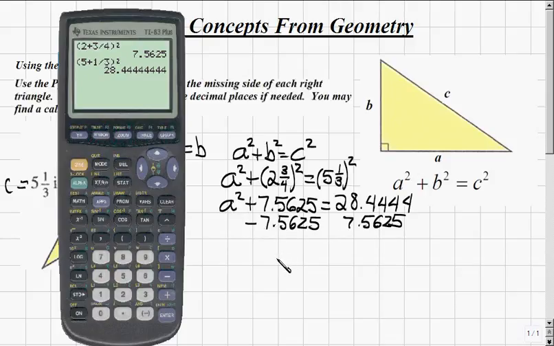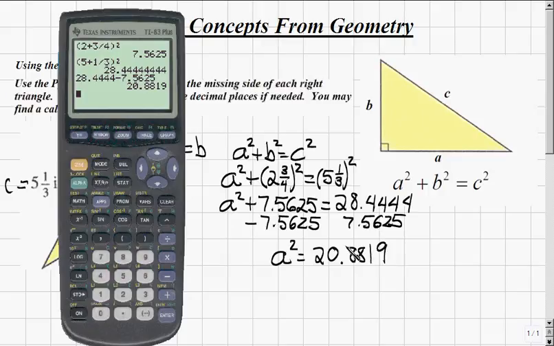Cancels out, and we're left with just a squared. The right side, we'll write 28.4444 minus 7.5625. Enter. 20.8819.